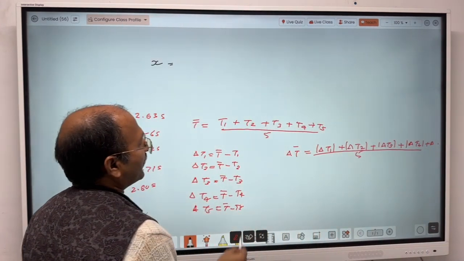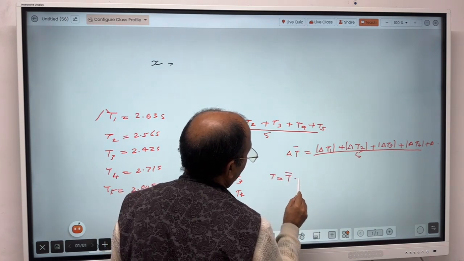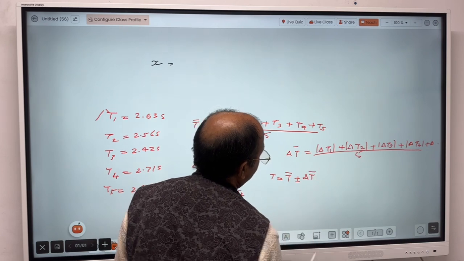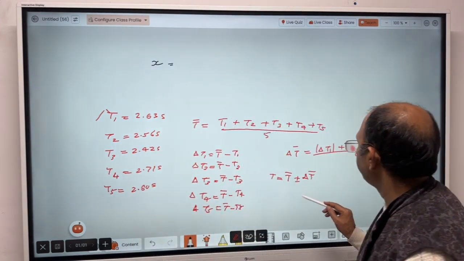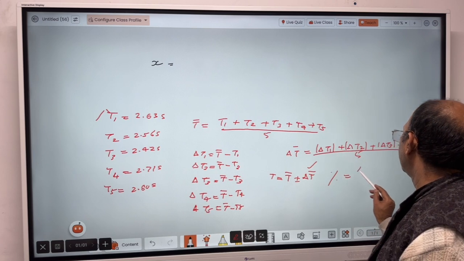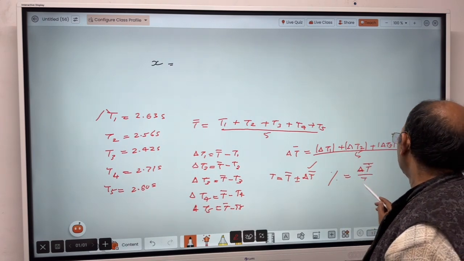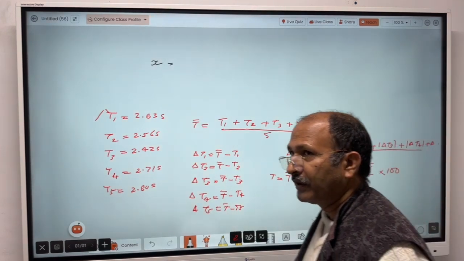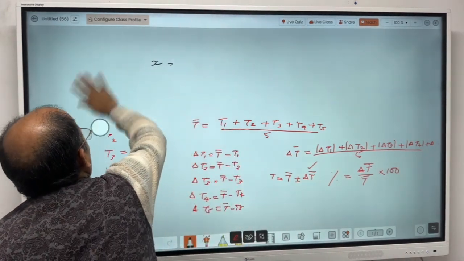Then we can write the correct value. As I told you, the correct value of time will be T bar plus minus delta T bar. Correct? You have understood? Now suppose you want to find its percentage error. So for percentage error, we will take this delta T bar whole divided by T bar multiplied by 100, and you can evaluate, and this is your work, the evaluation.